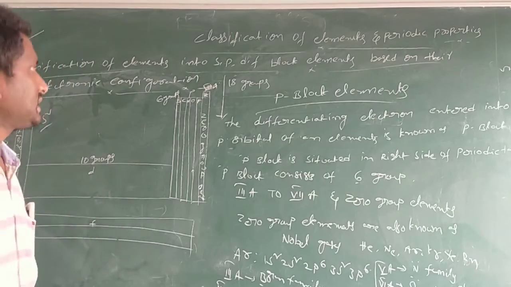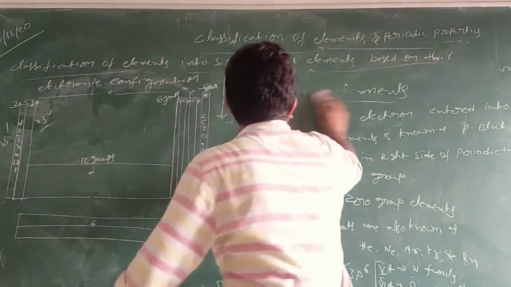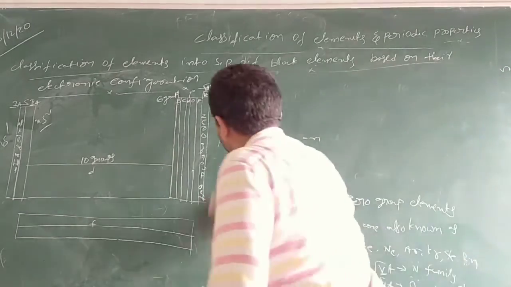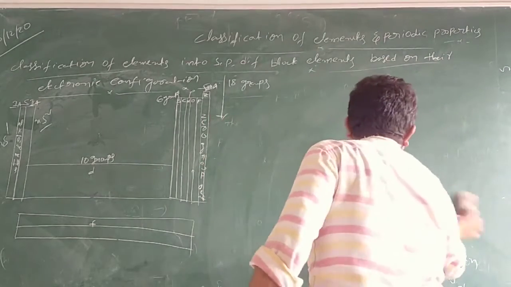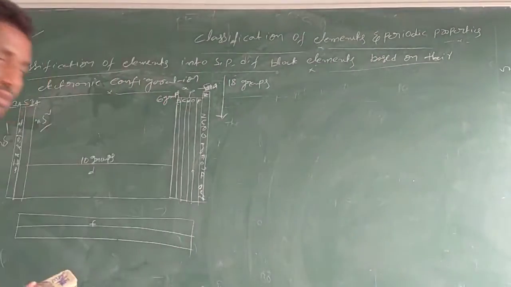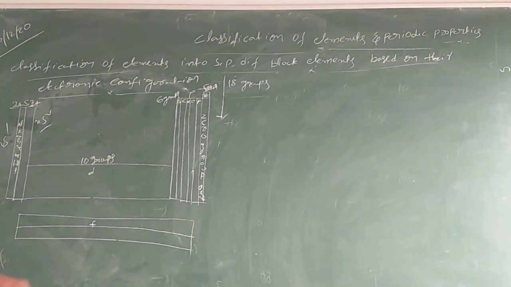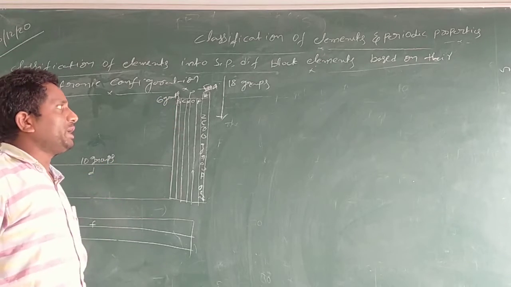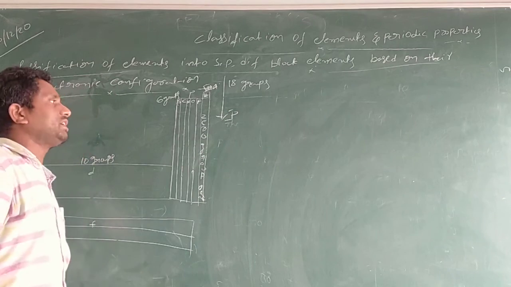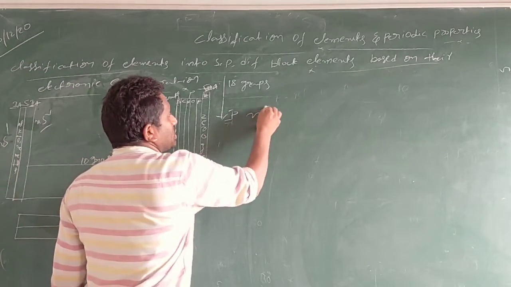Next, we are going to discuss D block elements. What is the outermost electronic configuration of P block elements? P block elements యొక్క outermost electronic configuration ఏమవుతుంది?